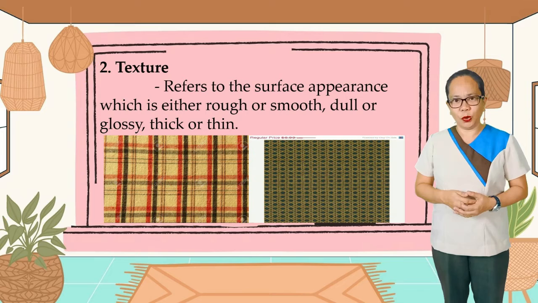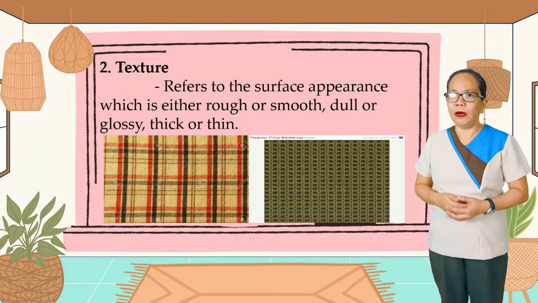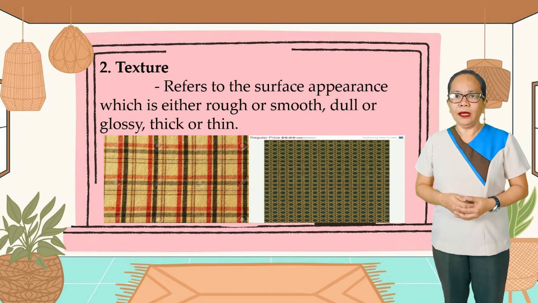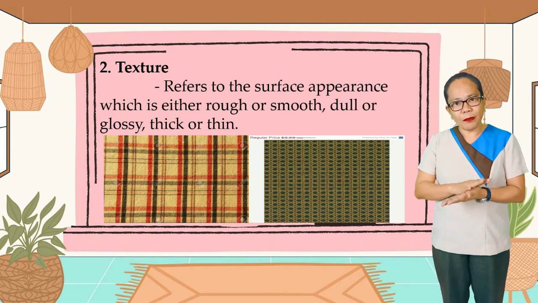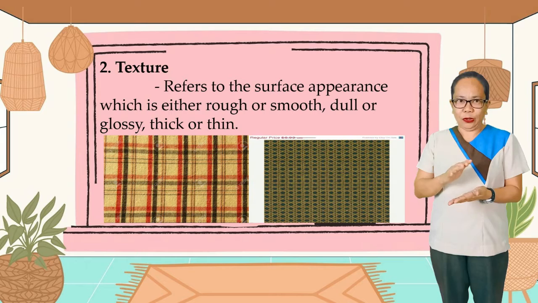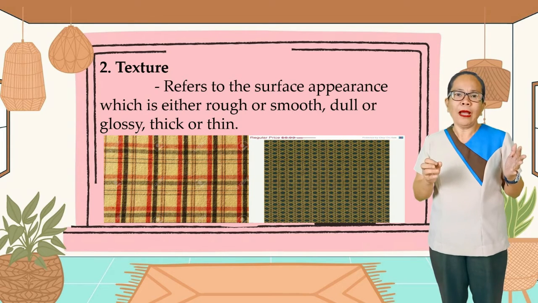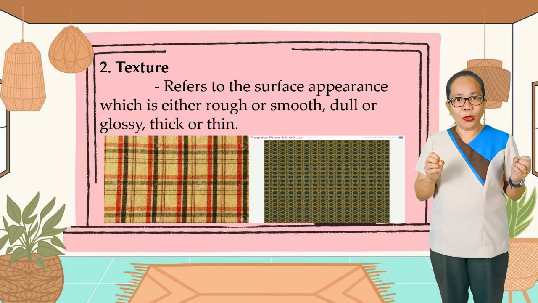Next, we have the texture. So, it refers to the surface appearance which is either rough or smooth, dull or glossy, thick or thin. So, kapag hinawakan mo ang isang bagay, ito ba ay magaspang or makinis? Kapag tinitingnan mo naman siya, dull ba ang kulay niya or glossy?